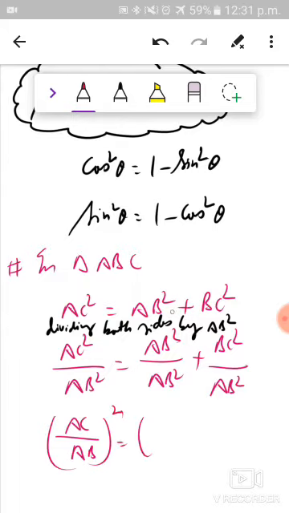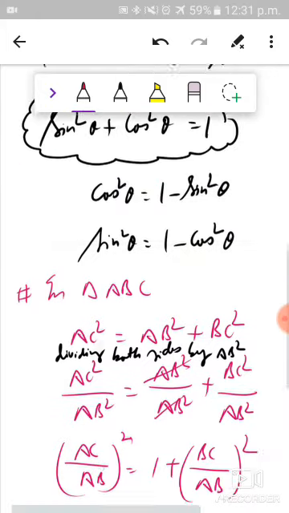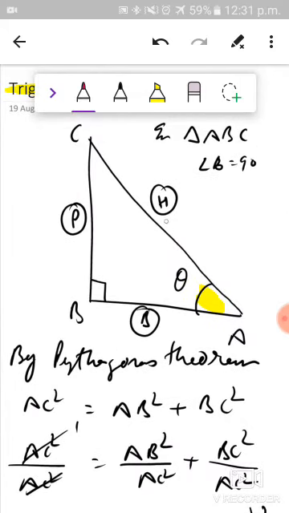AB square is cancelled by AB square, that is 1, plus this we can write BC by AB whole square, right? So now you see, for angle theta, what is AC by AB? AC is the hypotenuse, and what is AB? That is base, right?